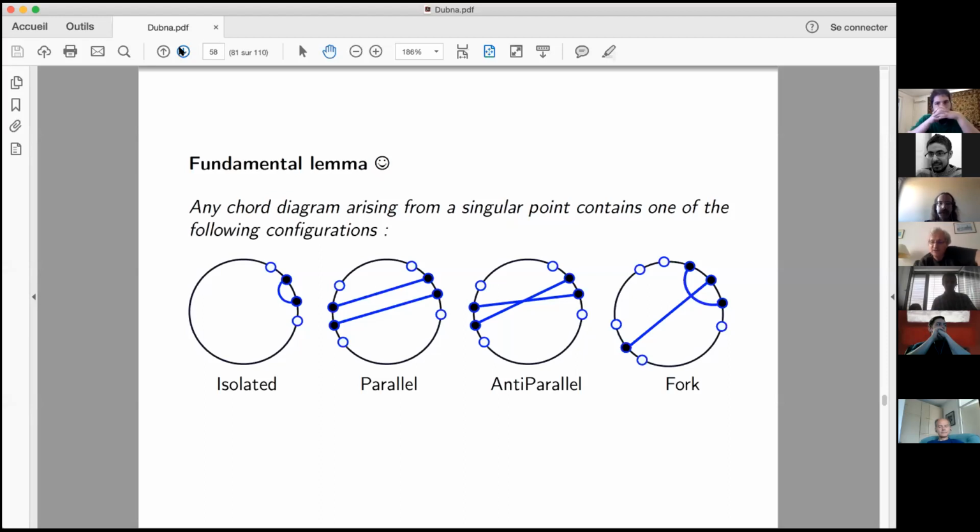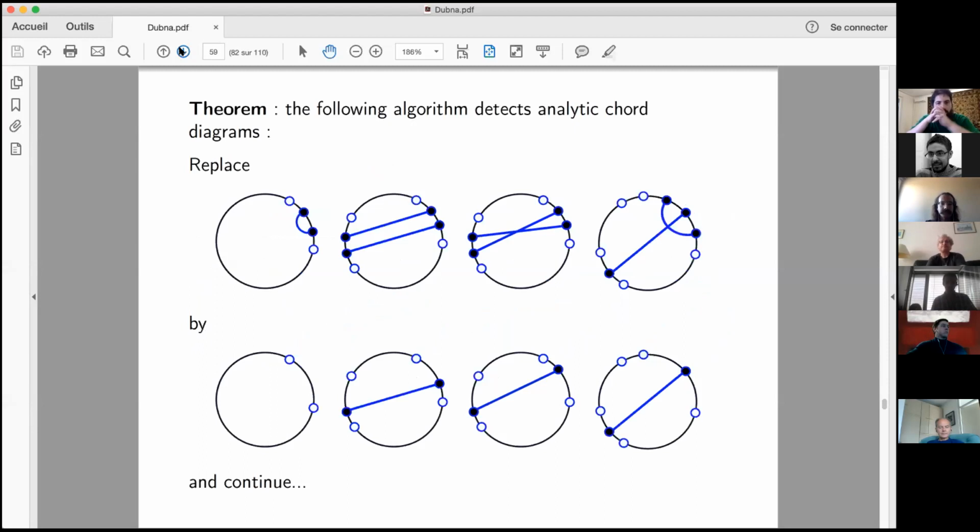of these four situations. So I was happy with that because then I could use that to produce an algorithm to decide whether or not a given chord diagram is coming from an algebraic curve. And the trick is very simple. You take a chord diagram, you look for one of these four situations. If you do not find this situation, end of the game, your diagram does not come from a singular point.